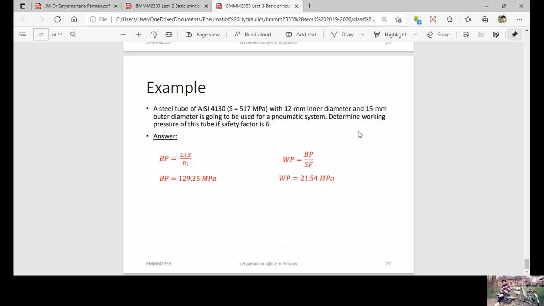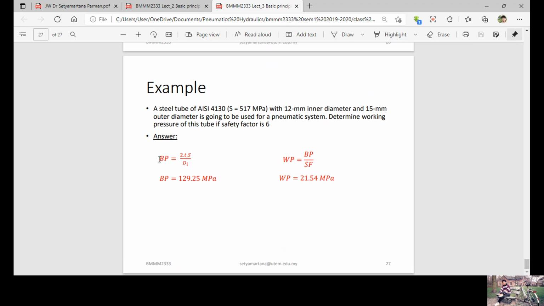Determine the working pressure of this tube if the safety factor is 6. Okay, first we see inner diameter 12, outer diameter 15. So the difference between inner diameter and outer diameter, of course, is 2 times the thickness. So it means the thickness becomes 3 millimeters over 2.